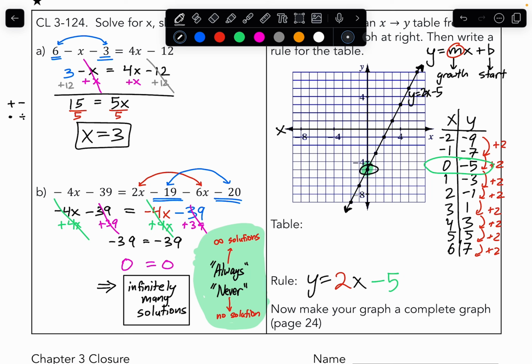There's one more thing. That's why we have toolkit page 24 to help us out during our quiz, right? The last thing I should note is that the y-intercept is 0, -5. As a matter of fact, I can write this down as y-intercept.